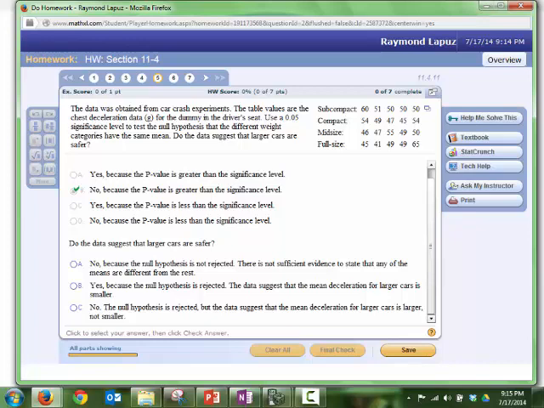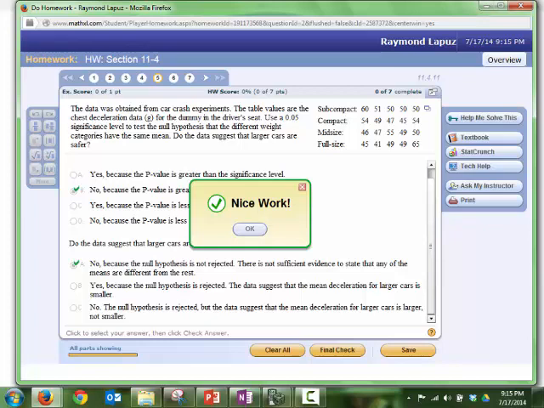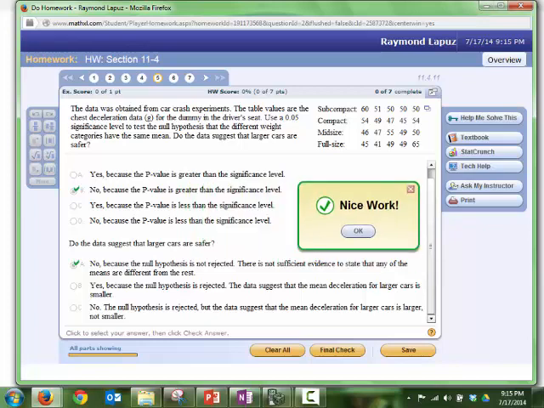So they fall a little short of saying that the means are all the same, right? Because failing to reject doesn't mean that they're going to accept the claim. They just say that it doesn't look like it's different. So we can select this one. Nice work.